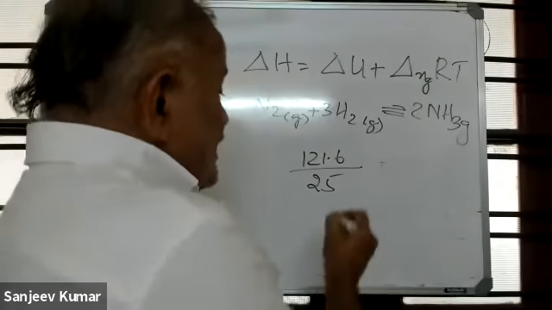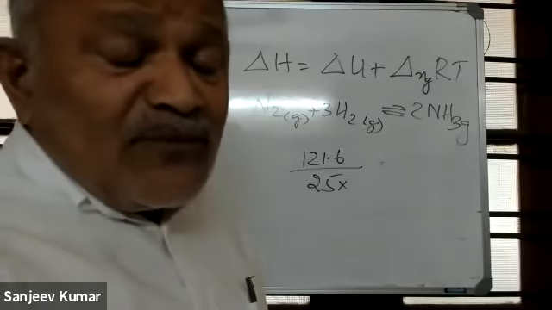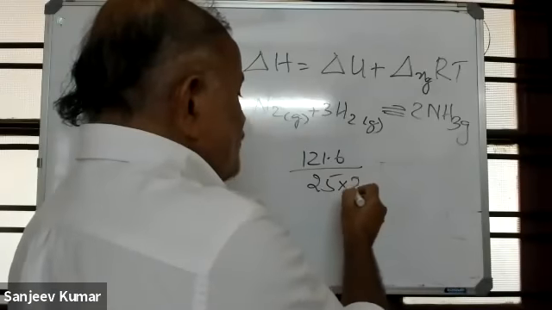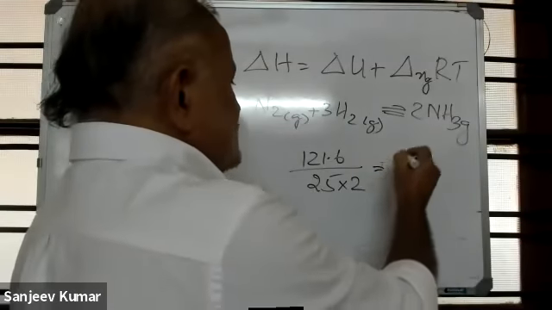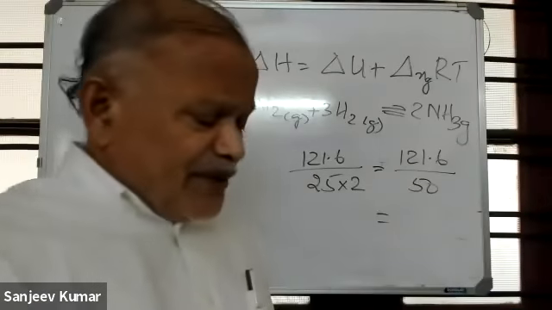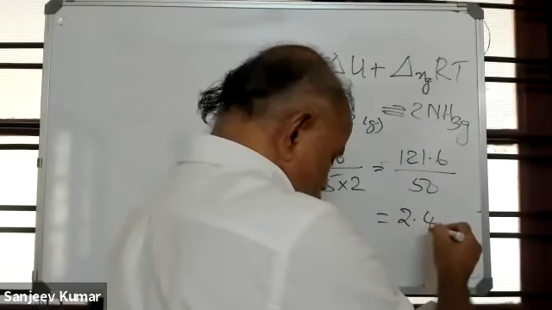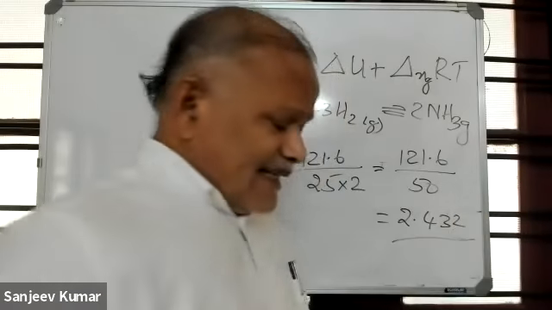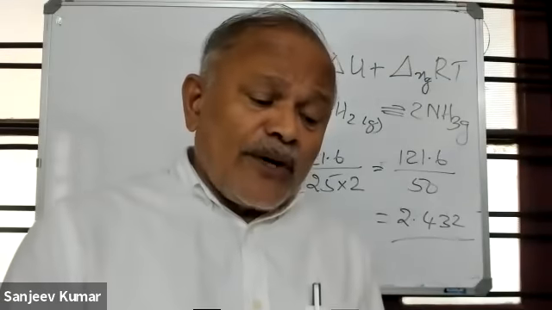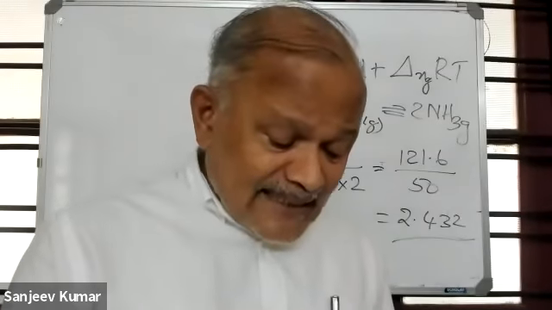But we require the heat required to raise the temperature of 1 gram of ethylene glycol through 1 degree. And if it is for 2 degree, for 1 degree it is divided by 2. That is, it is 121.6 by 50, which is equal to 2.432. And that is, the specific heat capacity of ethylene glycol is 2.432 joule per Kelvin per gram. That is, the answer is C.